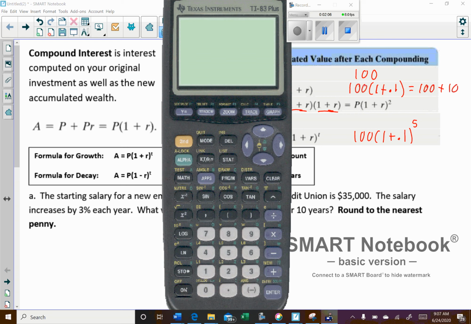If you go look in the syllabus, I have some links for that. You can download it for like a 90-day trial, which will be more than enough for what we're doing here. So I'm going to put in 1.1, because if I add 0.1 to 1, it'd be 1.1, and raise it to the power of 5. So that $100 would be worth $161 and about 5 cents. That's a very basic example.